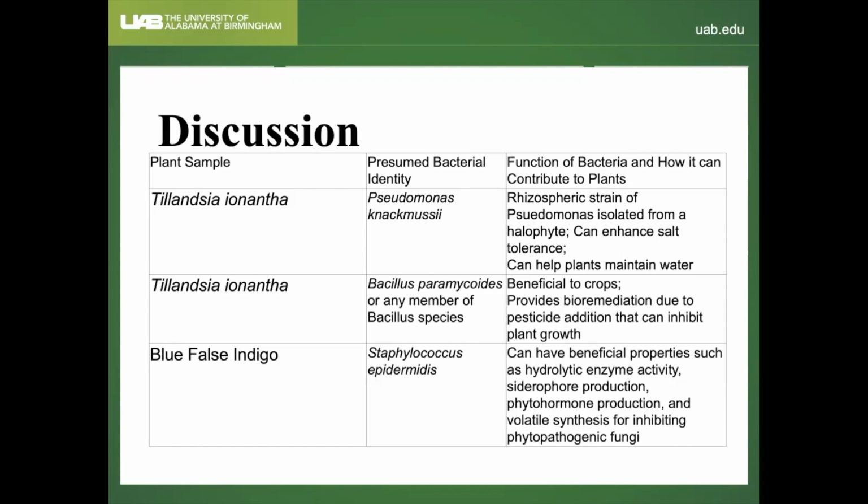As for the blue false indigo, we found Staphylococcus epidermidis, and when initially hearing this name, I assumed that my culture had gone under some kind of contamination. But after doing some research, I realized that it is a bacteria that can have beneficial properties on plants, and some of these include hydrolytic enzyme activity, siderophore production, phytohormone production, and volatile synthesis for inhibiting phytopathogenic fungi.